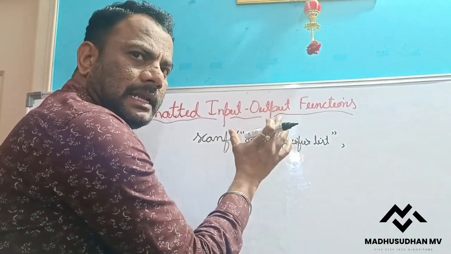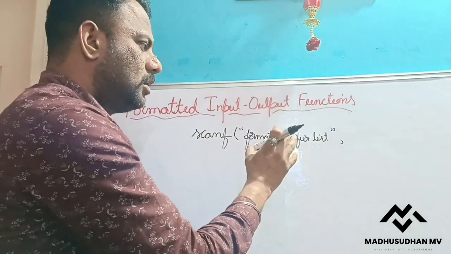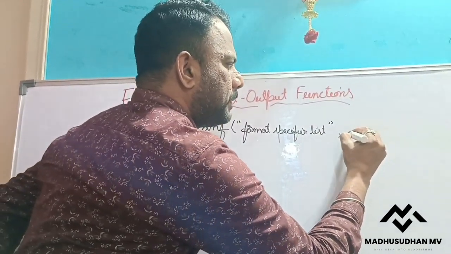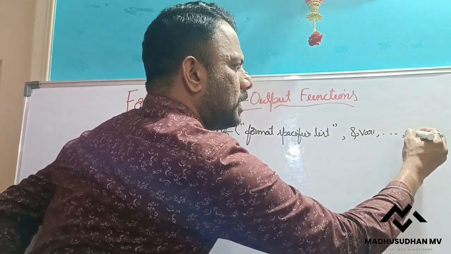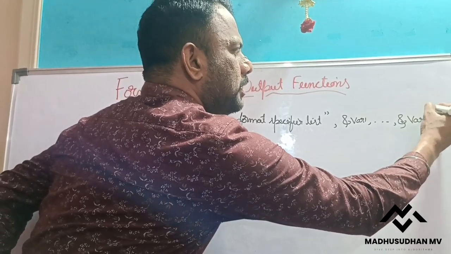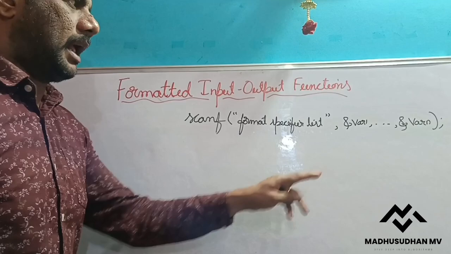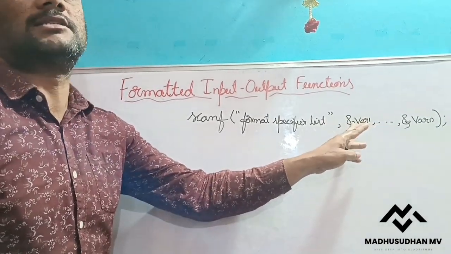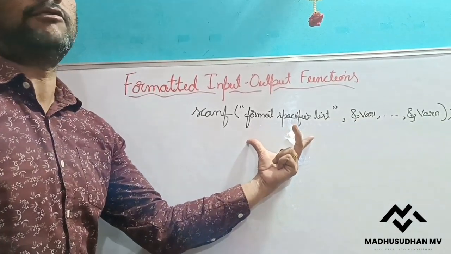We simply list the format specifiers, and then the ampersand of the first variable. Like that, we write as many variables as we are reading, each with an ampersand. This is called the address of operator. The operator's name is ampersand, but we call it the address of operator. This is the general syntax of scanf.